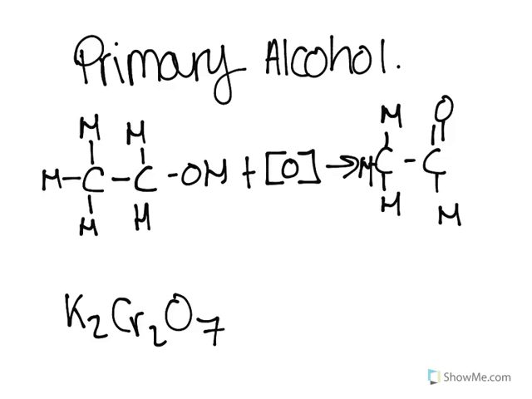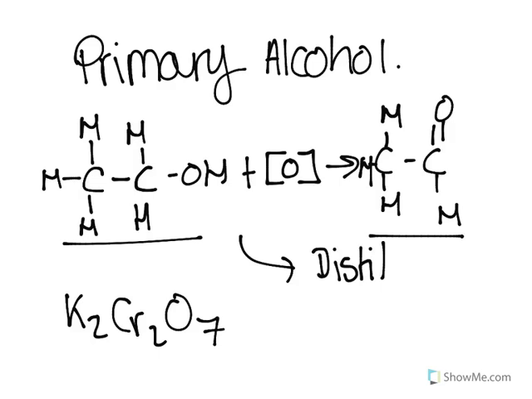And to get from an alcohol to an aldehyde, you must distill the aldehyde. Otherwise, the aldehyde will carry on oxidizing with the potassium dichromate and turn into a carboxylic acid.